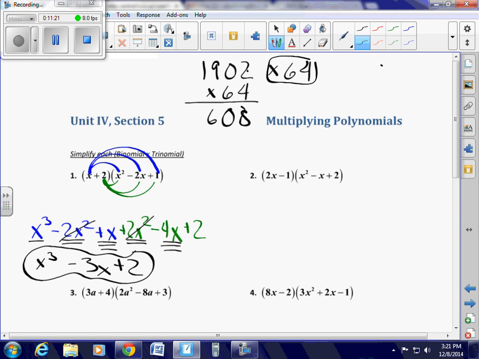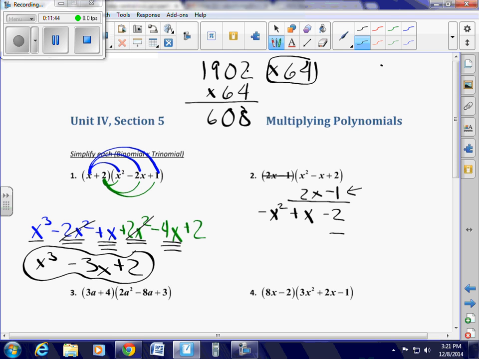Basically the same thing. We're going to take the smaller one and put it underneath the larger one, 2x minus 1. I'm going to start with this negative 1 here, and I'm going to multiply it times everything in the top row. Well, negative 1 times 2 is negative 2, and negative 1 times negative x is positive x, and then negative 1 times x squared is negative x squared.